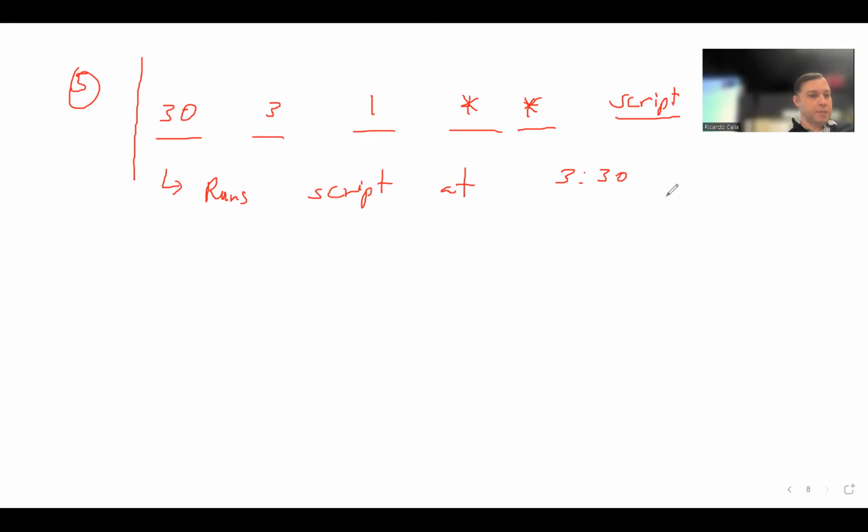So run script at 3:30 a.m. on the first day of each month. So at the start of every month, it's going to run this script. Maybe it's a backup or an update or something like that.